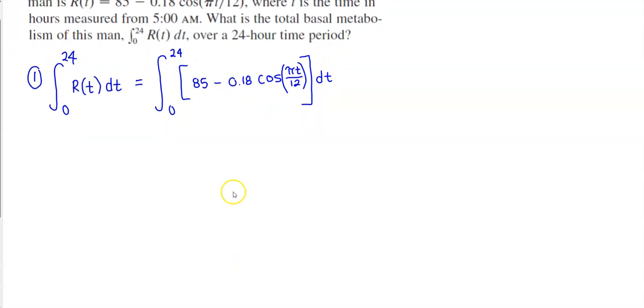Okay, so now we want to determine what we are going to use for our substitution. We're going to substitute pi t over 12. So for step 2, we're going to let u equal pi over 12 t. Now let's take the derivative of both sides.